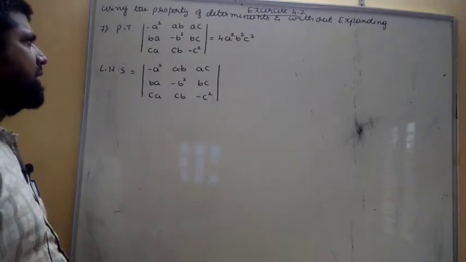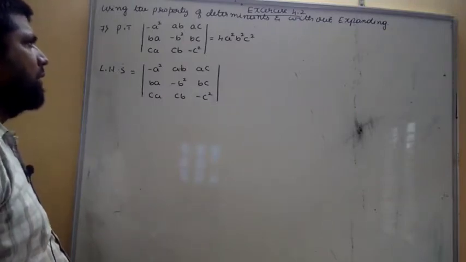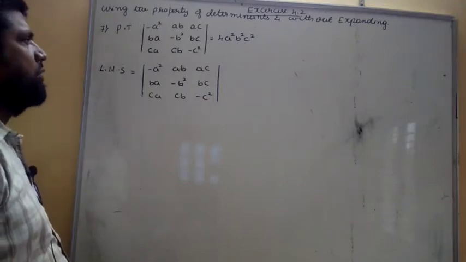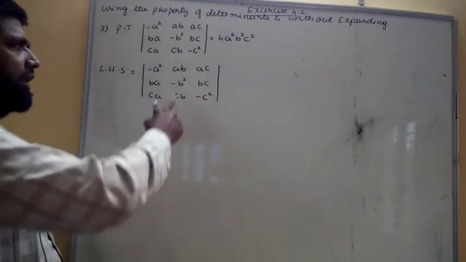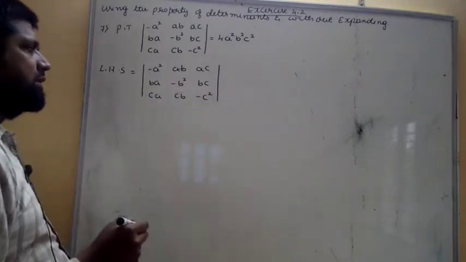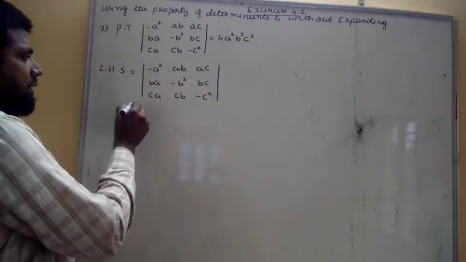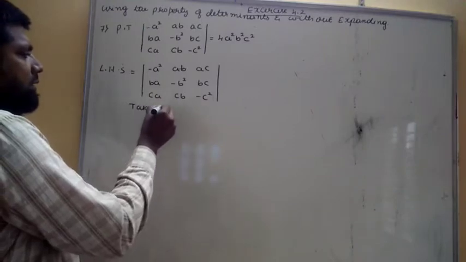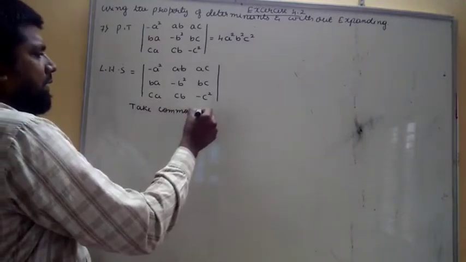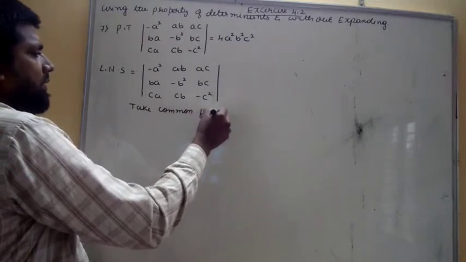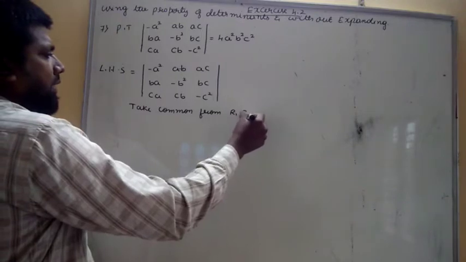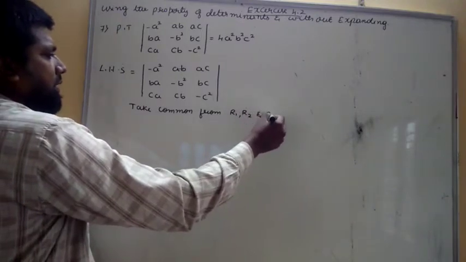So in this LHS, you see row 1, row 2, row 3. In row 1 we can remove the common factor A, in row 2 we can remove the common factor B, in row 3 we can remove the common factor C. So take common from R1, R2 and R3.